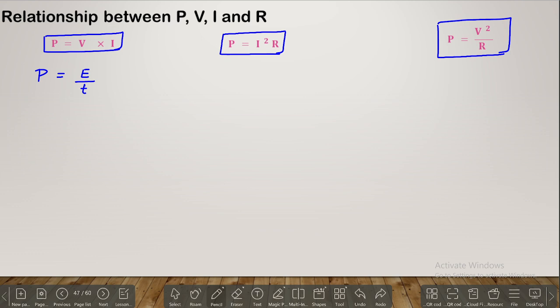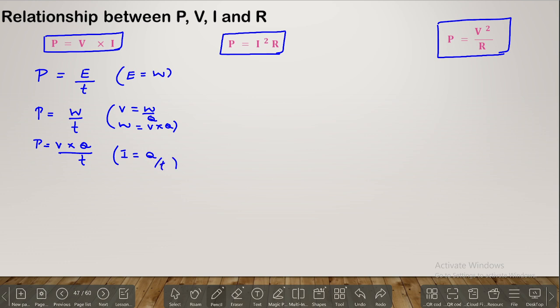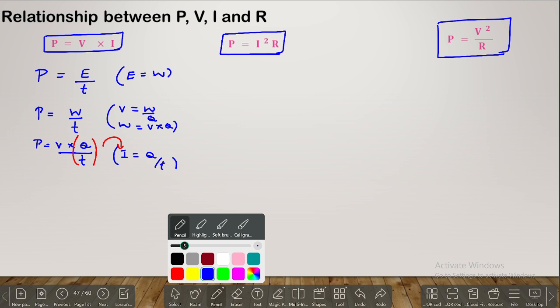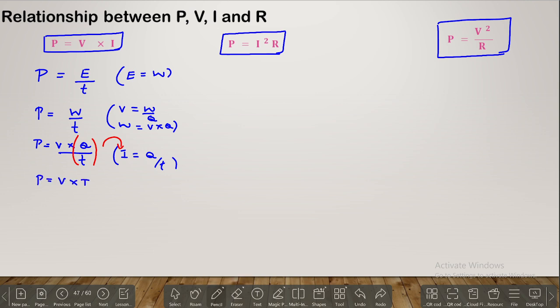This energy we can also write as work, so P is equal to W by T. From the electric potential formula, V is equal to W by Q, therefore W is equal to V into Q. So instead of W, we can write V into Q by T. From the current formula, I is equal to Q by T, so instead of Q by T we can write I. Then the final formula is P is equal to V into I. Now we have obtained the first relation, the relationship between power, potential difference and current.